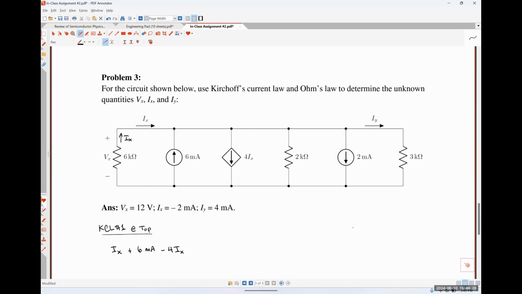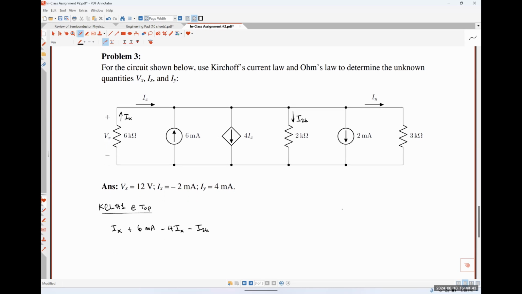So I'm going to call this I2K. Since it is flowing down, it's going to get a negative sign. We have 2 milliamps flowing down, so that'll get a negative sign. And then we have the current IY, and it flows down and out of the top node, so it will also get a negative sign.